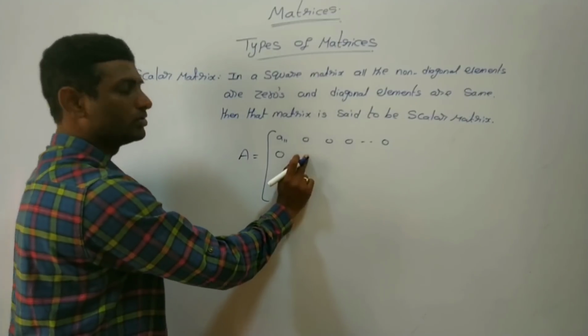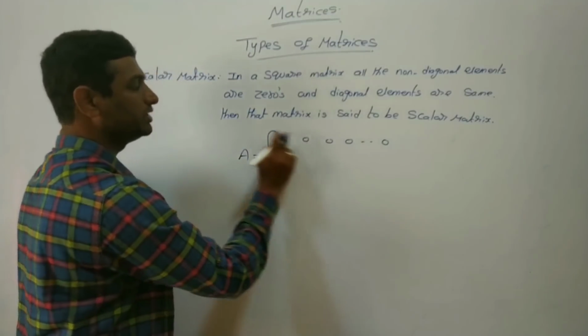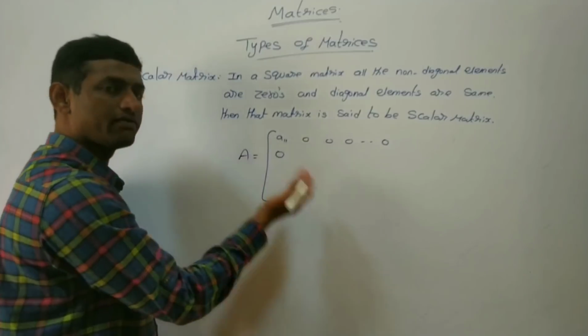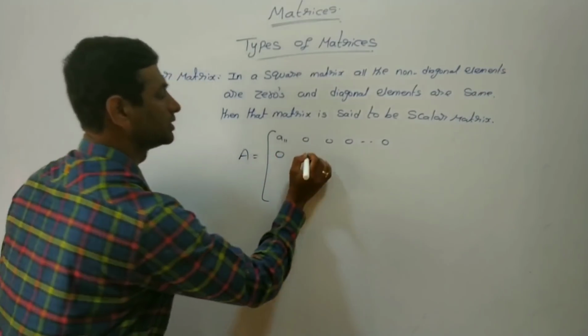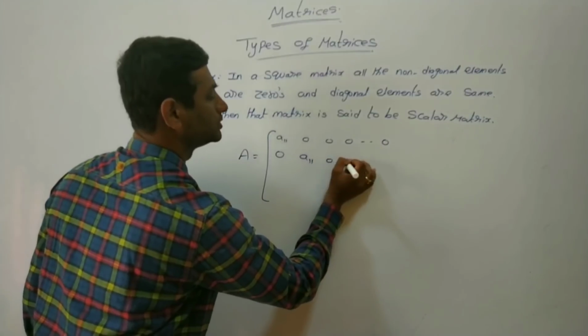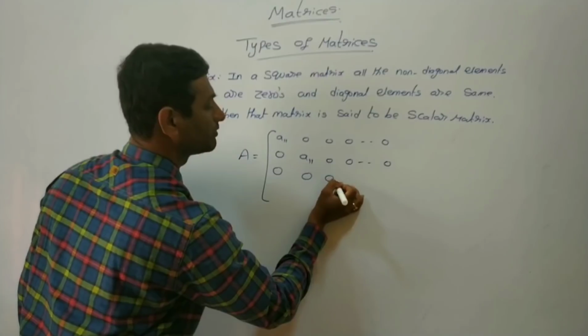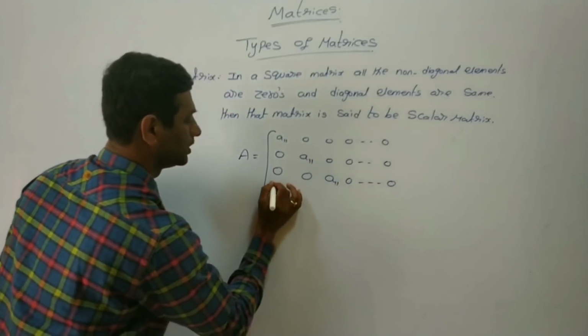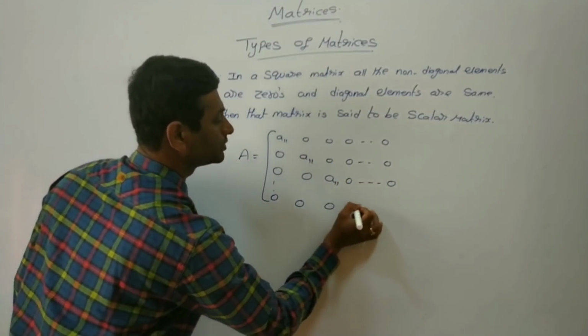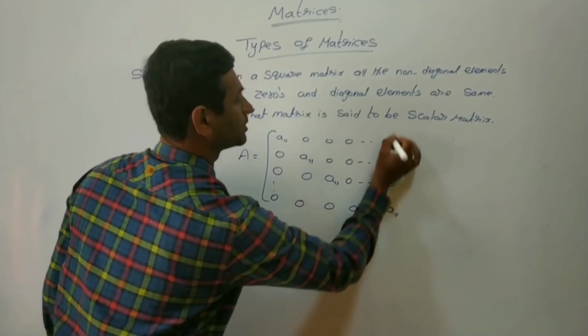Actually it should be A22, but the diagonal elements should be the same. It may be A11 or something. A11 0 0 so on 0 0 0 A11 0 so on 0. Last 0 0 0 0 A11.